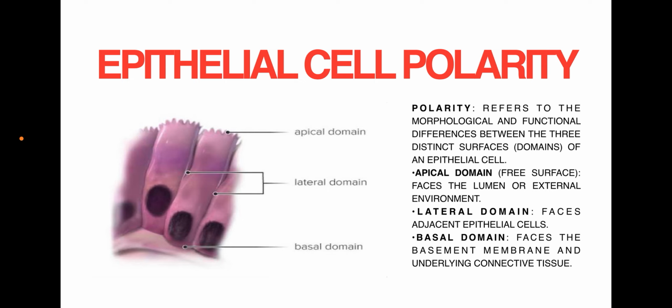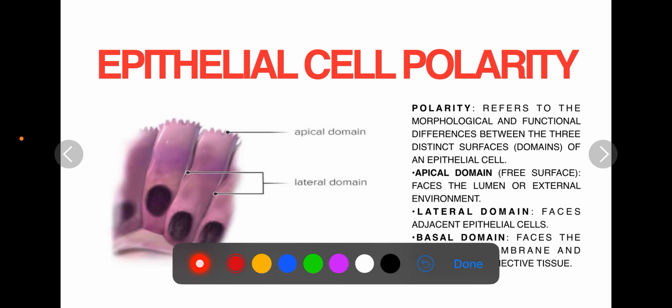Well, so polarity refers to the morphological and functional differences between the three distinct surfaces, as I have mentioned, or they are called domains of an epithelial cell. So we mentioned an apical domain, it's the free surface. This is the free surface here, okay.